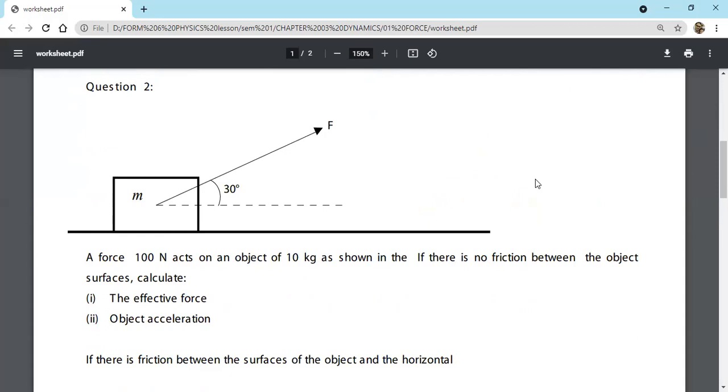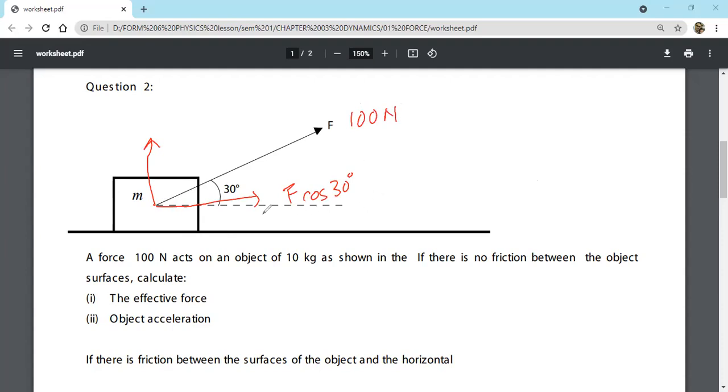Ladies and gentlemen, just now we said that Fr is equal to ma, the F must be in the direction of the movement. So when we pull like that, the F can be resolved into an X component and a Y component. This will be F cos 30. The force is 100 Newton, right?